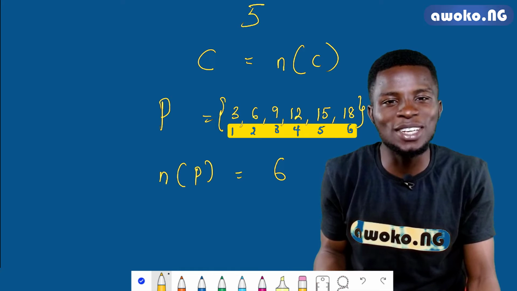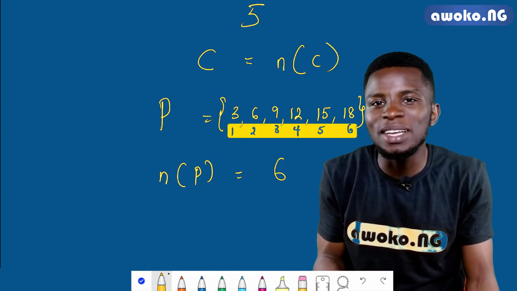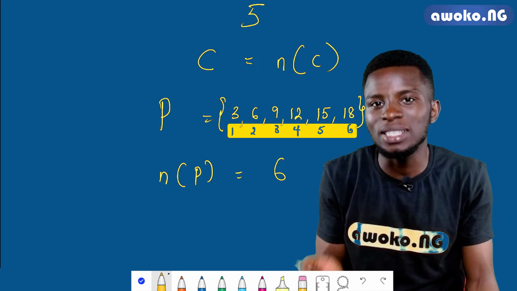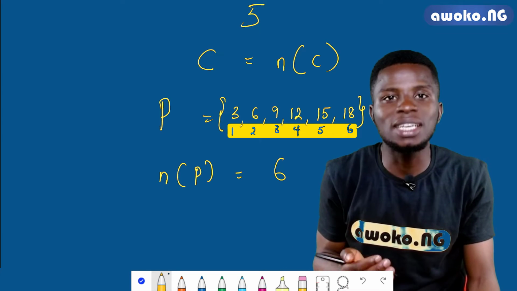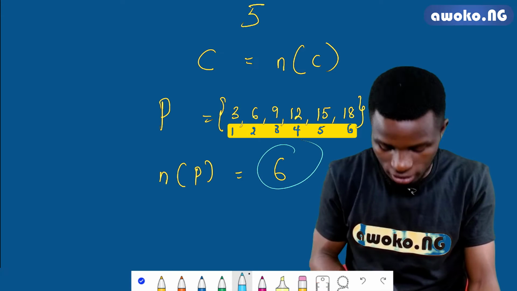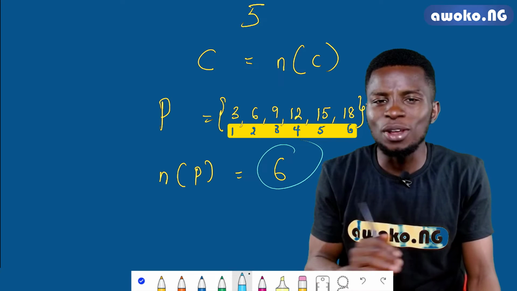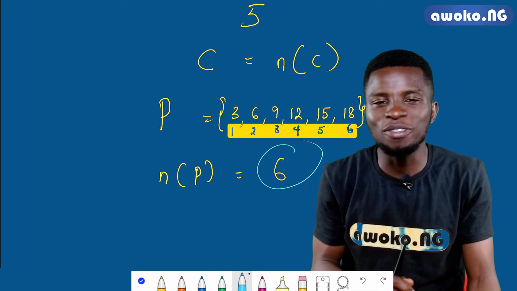So from our knowledge of what cardinality is, that is the number of elements in the particular set, we can now deduce that the cardinality of the set P is equal to 6. Since this foundation has been made, let us talk about the power of a set.